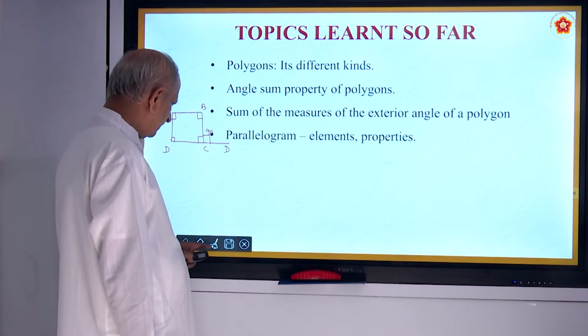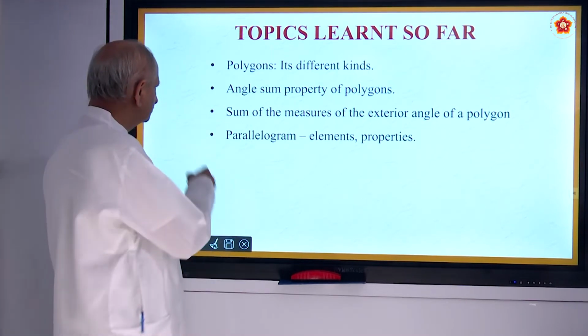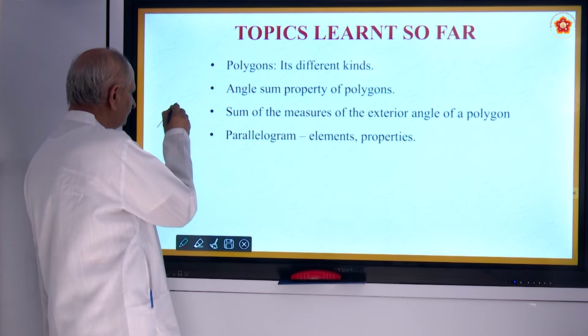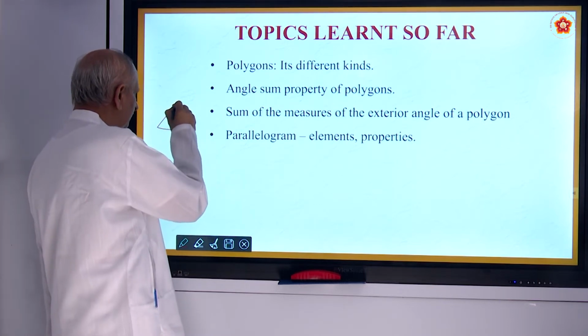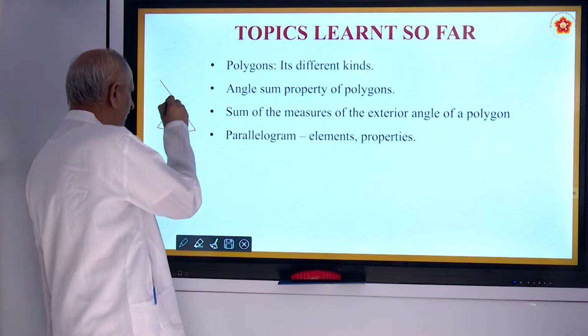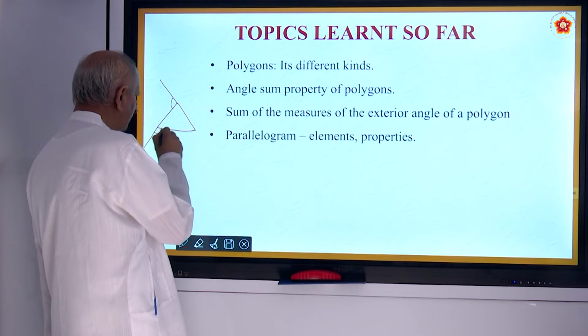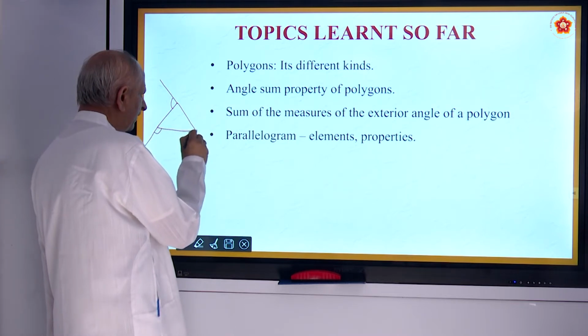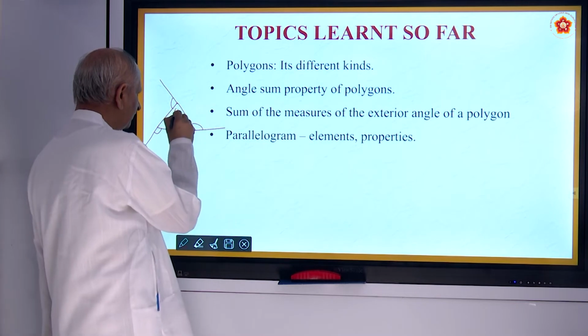In a triangle also, suppose you have a triangle here, of course, there are 6 kinds of triangles already studied. Suppose you extend any side, we get an exterior angle. Suppose the interior angle is 60 degrees here.